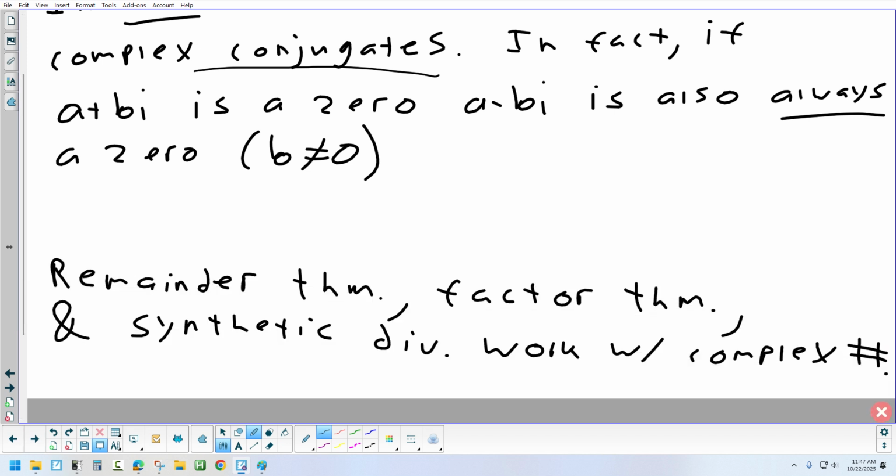Okay, so all the theorems that we've done so far, remainder theorem, factor theorem, they all work with synthetic division. They all work with complex numbers. There's no difference with any of the theorems we learned to use with complex numbers. They all work the same. We didn't really do factor theorem, so you don't have to write factor theorem down.